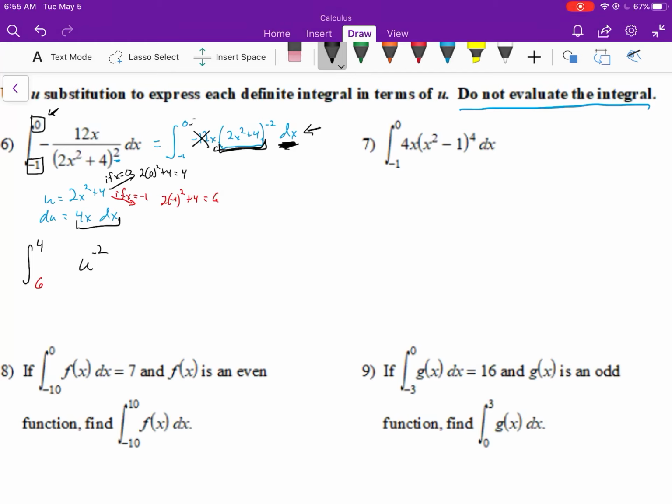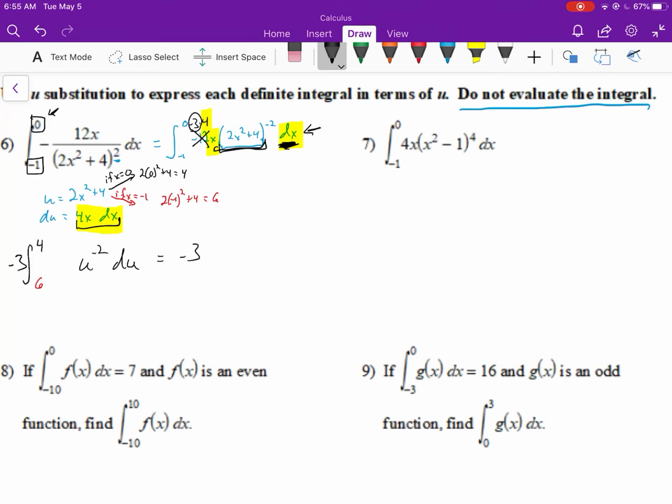Well, we can think of this as -3 times 4. And so once again, there's our 4x dx. And so instead of putting 4x dx, we can put du. So du, and then we had just this -3 left over.